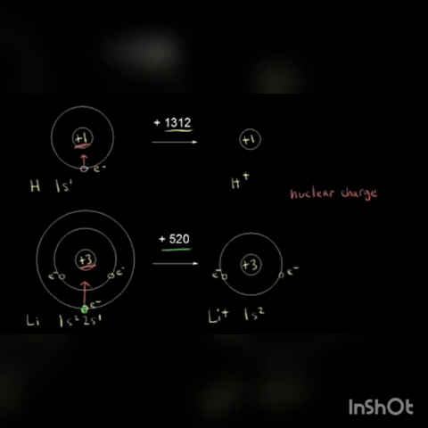And so just thinking about nuclear charge for these two things, that would seem to indicate that lithium's outer electron would have a greater attractive force for the nucleus, and so therefore you might think it might take more energy to pull that electron away. So just thinking about nuclear charge, we might think an increase in the ionization energy.